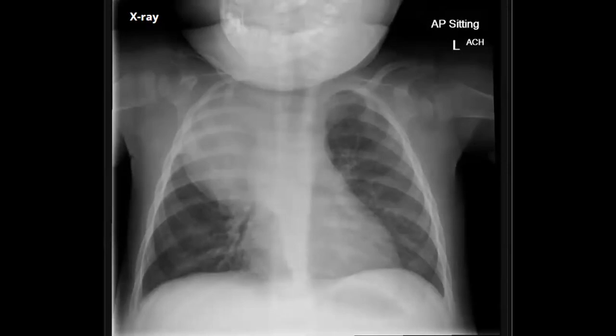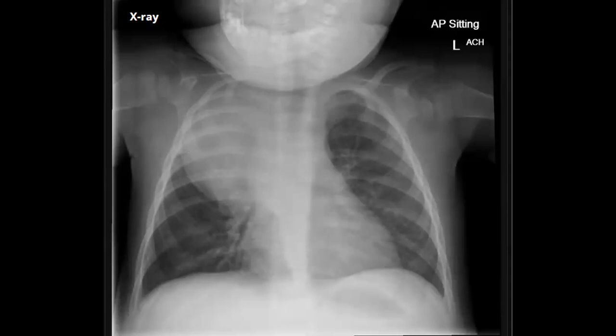Mediastinal, everyone agree? In such a case, everyone will be happy if you say that this is posterior mediastinal. Why? Why is it posterior mediastinal? Everyone agree? Yes. So this is a posterior mediastinal lesion.